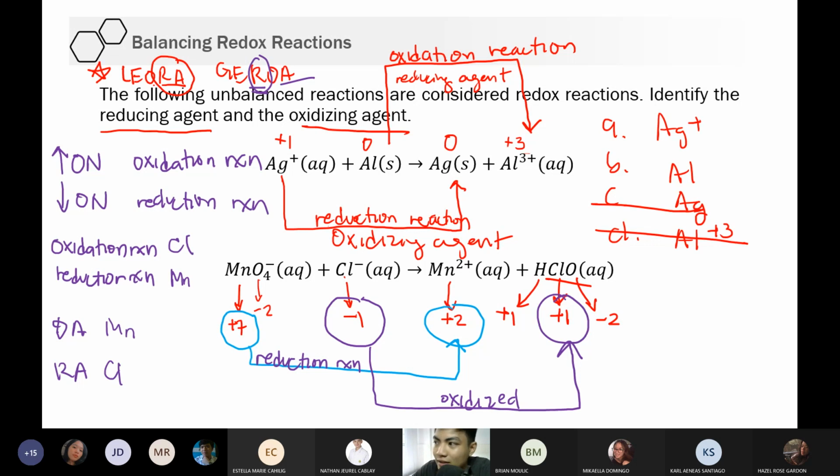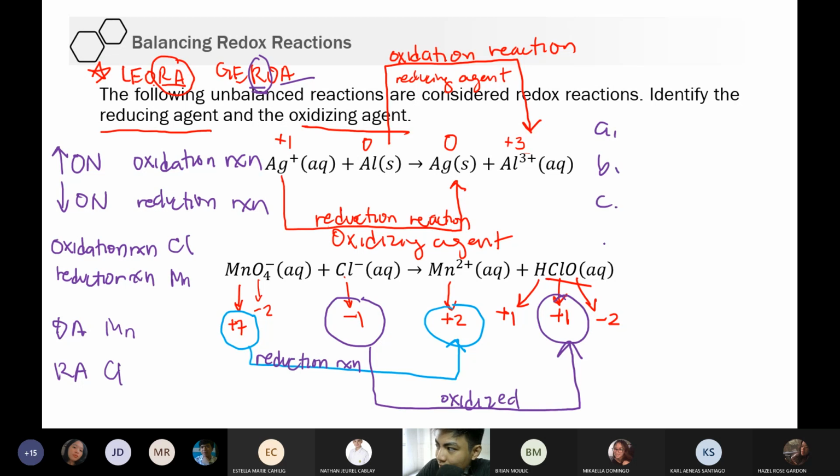Pagdating sa quiz, ganito yung lalabas. Okay? Kaya ako binibigay ito kasi lalabas na sa quiz. Okay? So, ganito yung lalabas sa quiz. Anyway, multiple choice naman. Kaya, binibigyan ko na kayo ng tips.